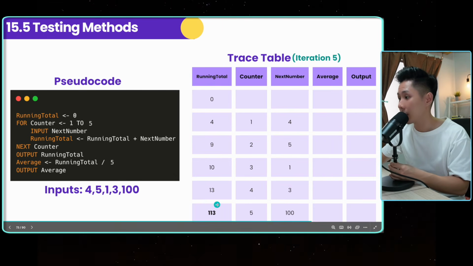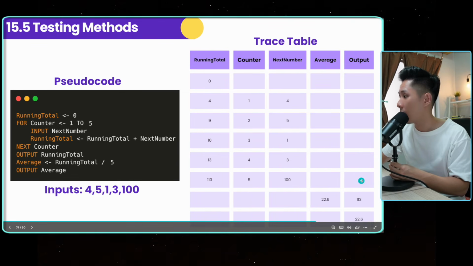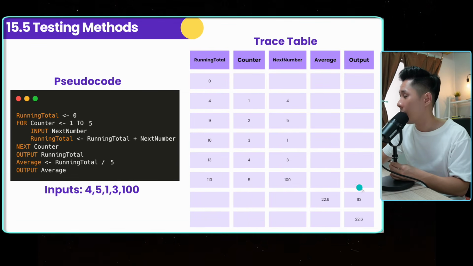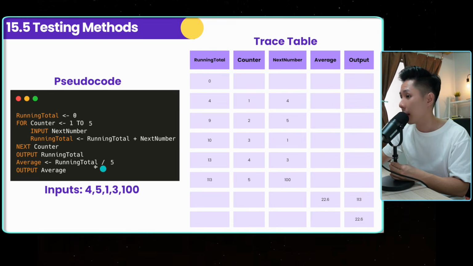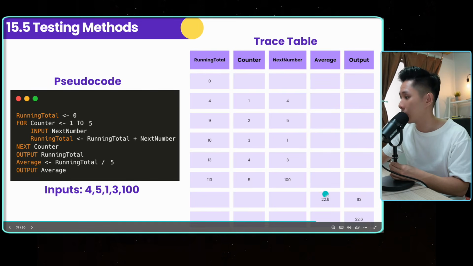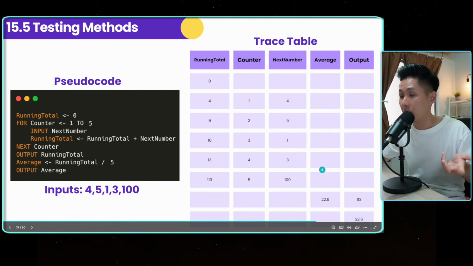You can see that running total is now 113, and then we output. So in the output column here, I will output whatever is inside the running total. And the average will also be calculated by having running total divided by 5, 22.6, and at the end of the program output average. So this is what a trace table does.